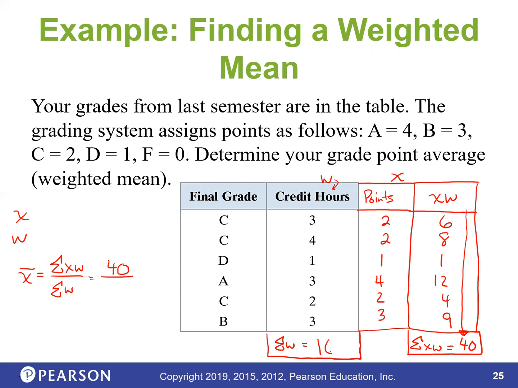All right, check in Jimena. Anybody got 16 as well? Cool, okay. That 16 goes right over here for the formula, and voila, what's 40 divided by 16? What's our GPA from last semester? 2.5, okay, that's cool.